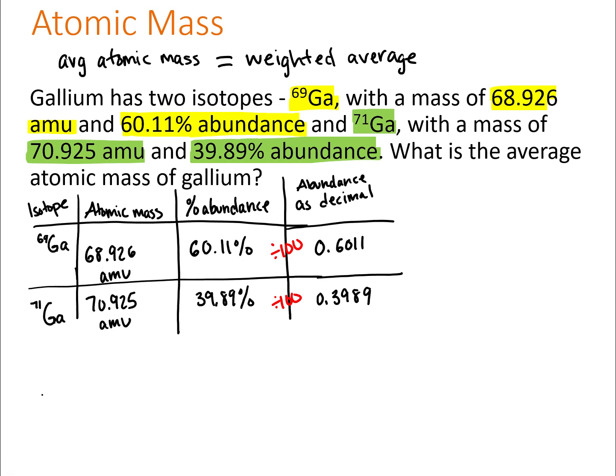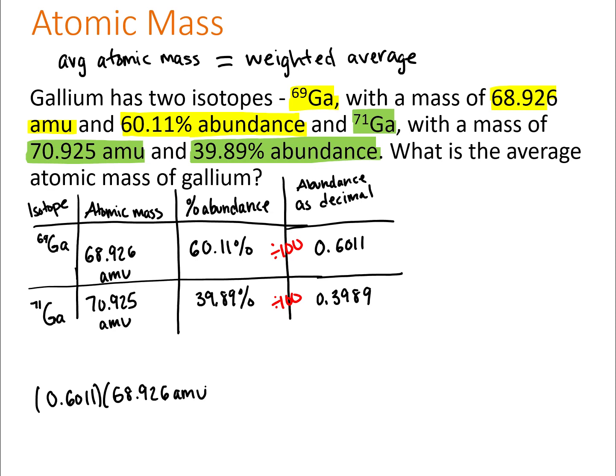Now I need to put together my actual equation. What am I putting in the calculator? Well, I told you that you have to take into account the abundance as well as the atomic mass. We have to do that for each of the isotopes. You take that percent abundance as a decimal and multiply that by the atomic mass.